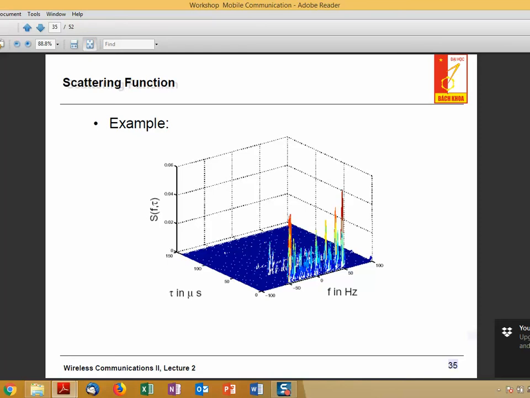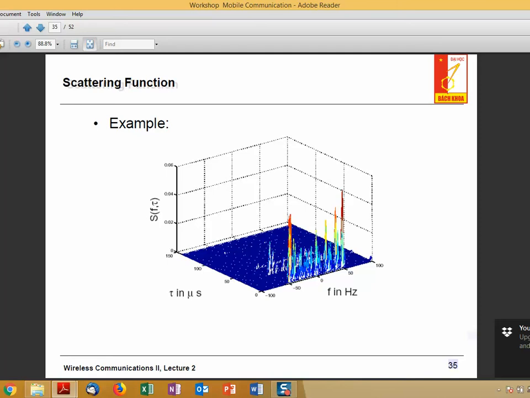F0, F0 plus FD max, and here is F0 minus FD max. I got my point. You have F0 here, and plus FD max, minus FD max, and FD max is the maximum Doppler frequency.